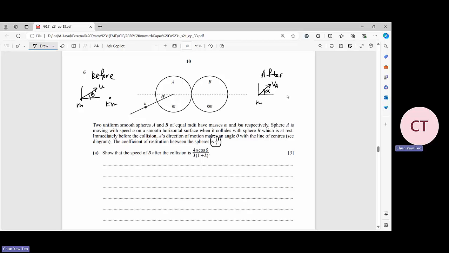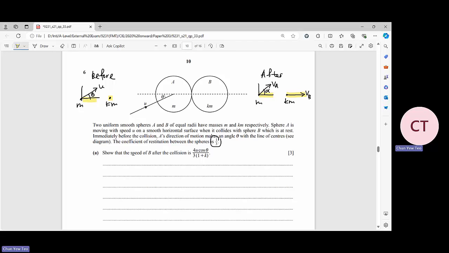But B can only move in this direction, because B is at rest at the beginning. Then after the collision, B can only move in the direction where they collide.